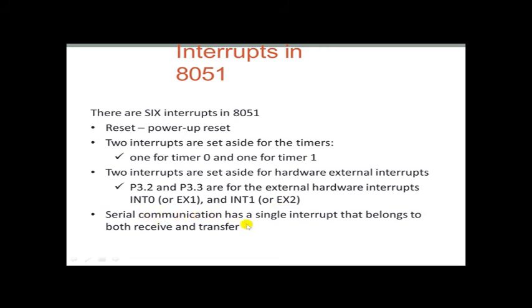The serial communication has a single interrupt that belongs to both receive and transmit. So in serial communication, we have a single interrupt for both receive and transmission.